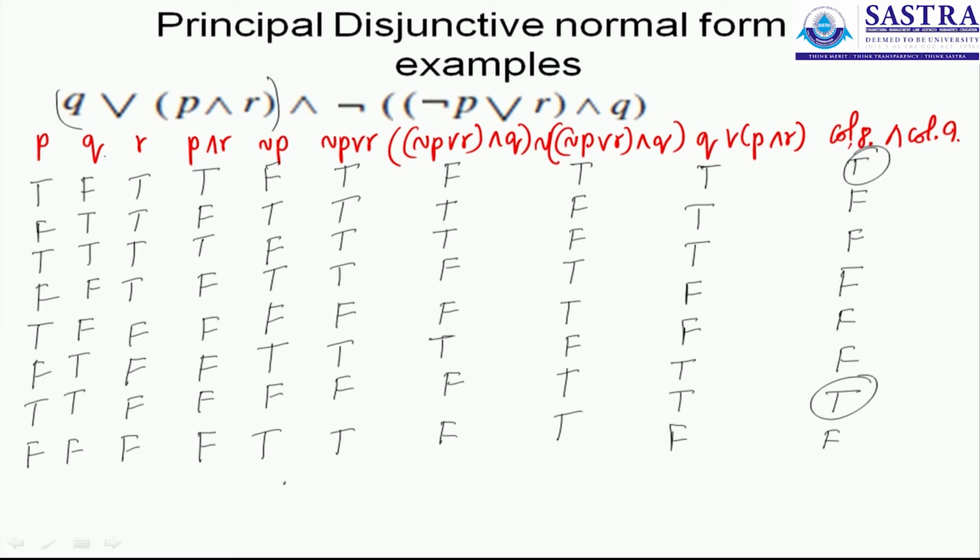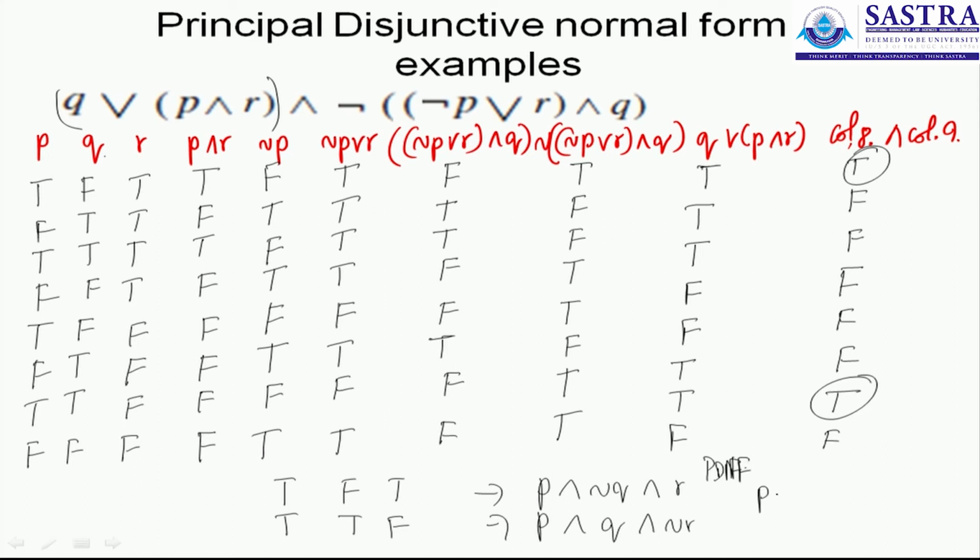So a TFT will correspond to a P product, a negation Q product, an R. And the seventh row is a TTF. A TTF will correspond to a P conjunction Q conjunction negation R. And the PDNF is the sum of these two.